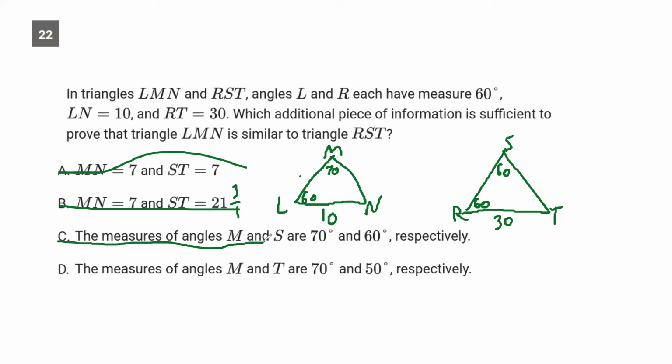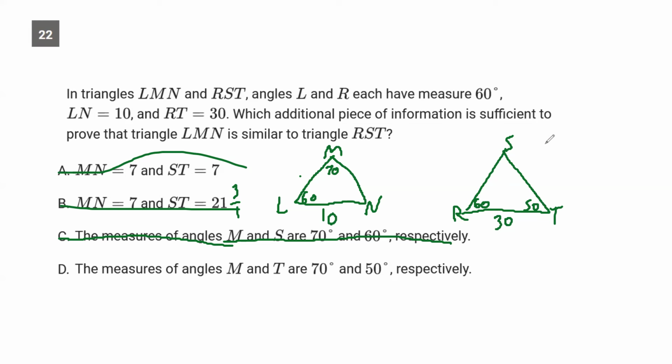So let's check that one. All right. And that one will be M is 70 and T is 50. Okay. So this is where T is 50. So that would go here. And then M is 70. So then let's see what happens, right? Those aren't the same angles, but now we have 60 and 50.